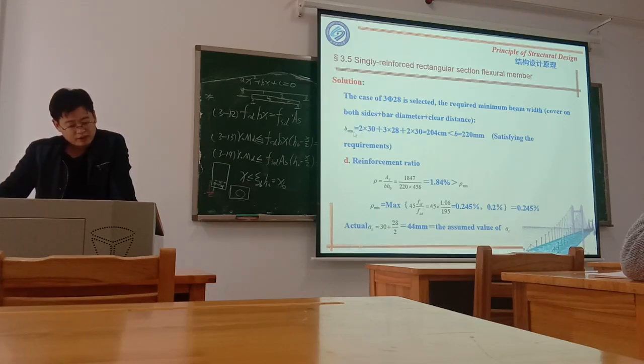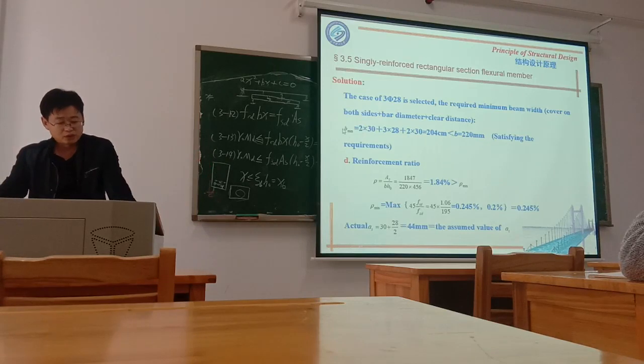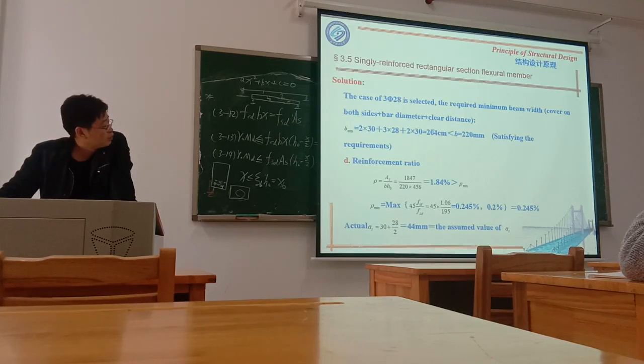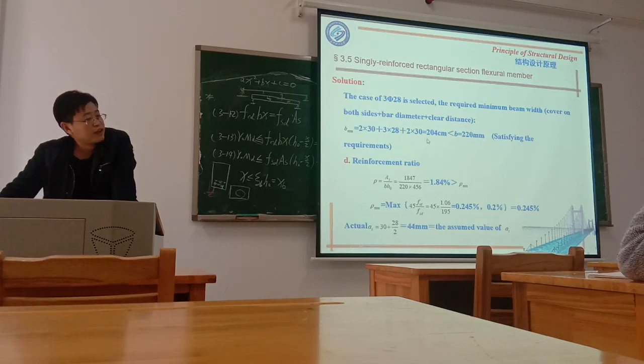So you see, the width is 2 multiplied by 30, plus 3 times the diameter 28, plus clear distances, equal to 204 millimeters, smaller than B of 220. So that means it satisfies the requirement.